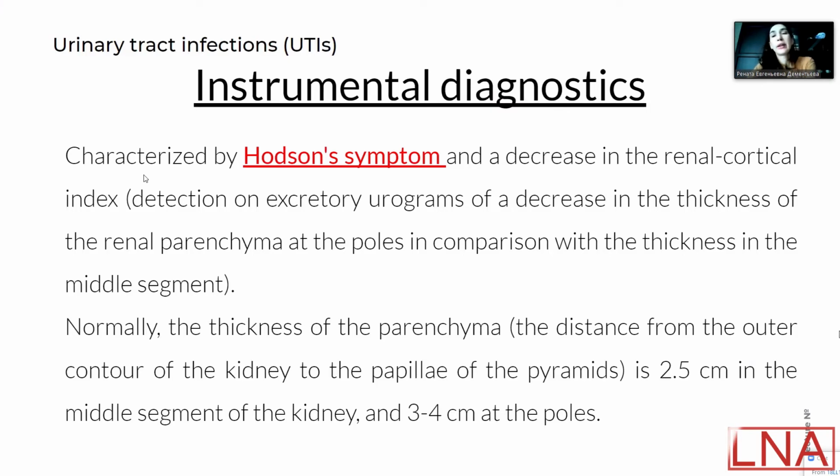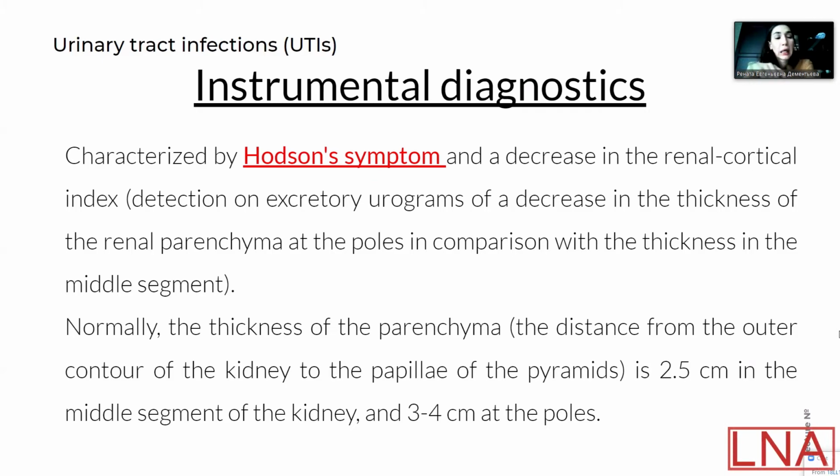Also, X-ray diagnostics or excretory urography is characterized by Hodgson's symptom and a decrease in the renal cortical index: detection on excretory urograms of a decrease in the thickness of the renal parenchyma at the poles in comparison with the thickness in the middle segment.